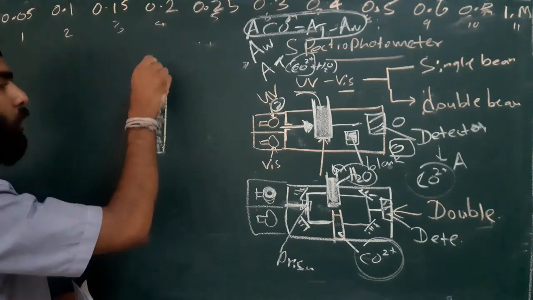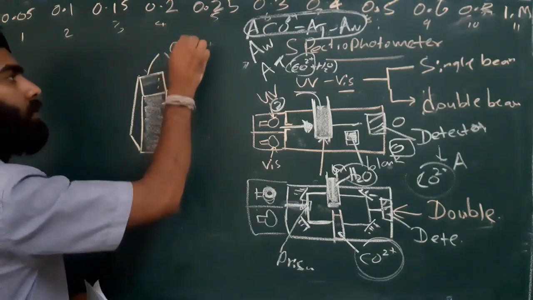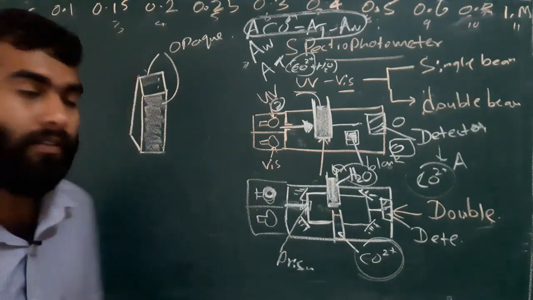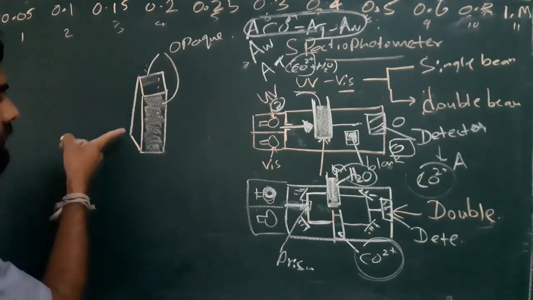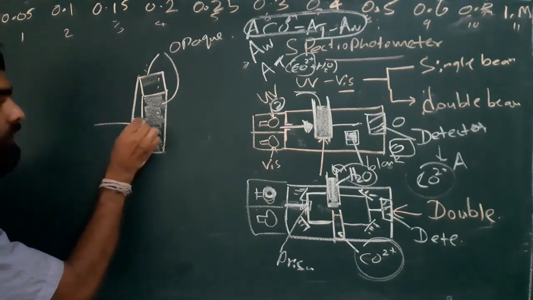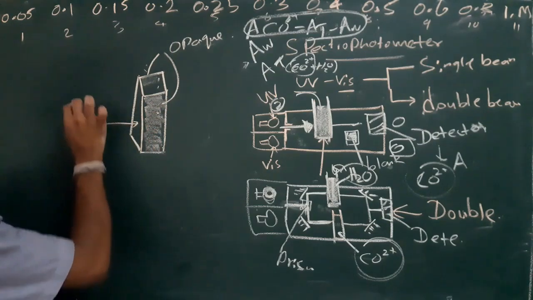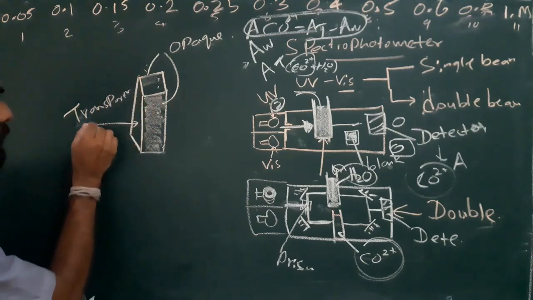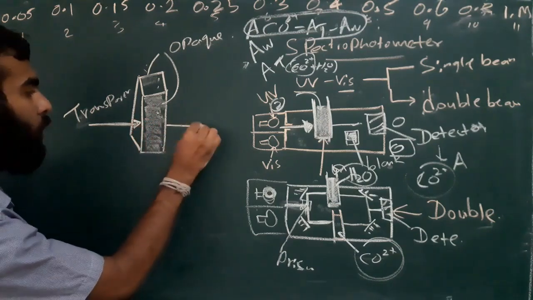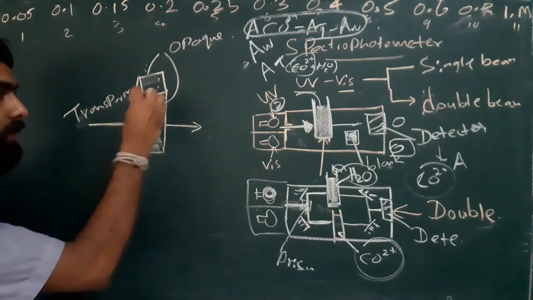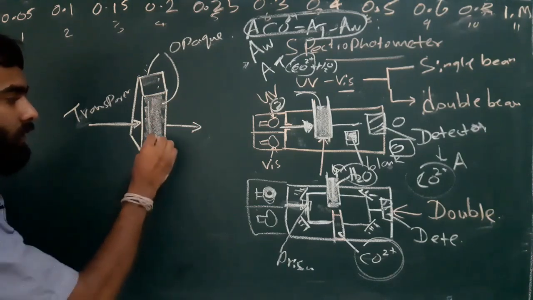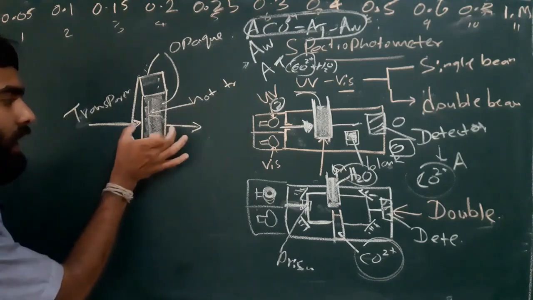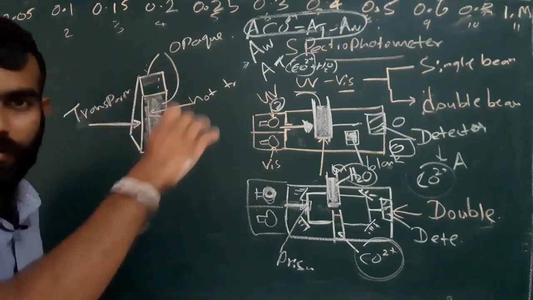This side and this side is opaque, or light can't go through that surface. These two surfaces. There are another two surfaces. These surfaces are very clean and transparent. So light goes through these two walls and light can't go through these opaque walls. These are opaque or not transparent. There are two transparent walls and two non-transparent walls.